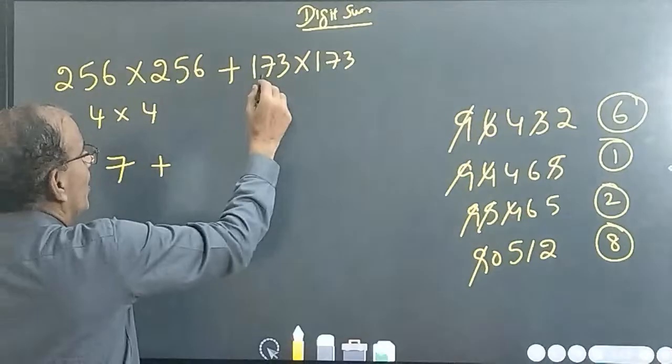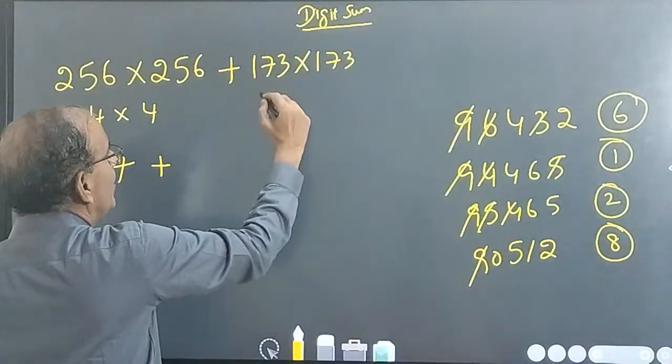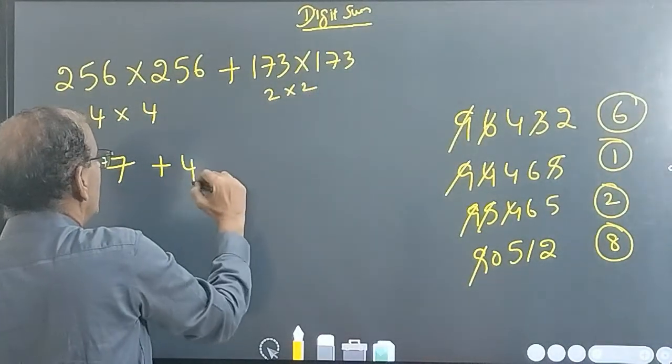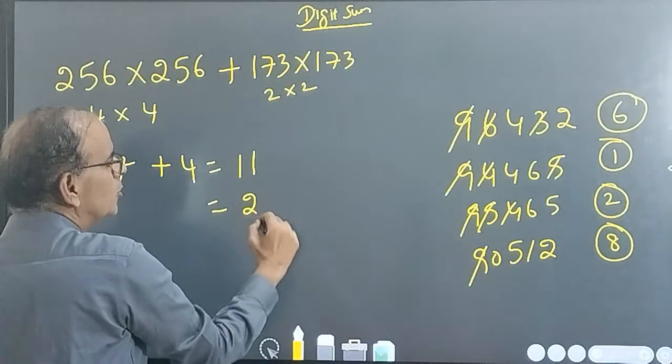2 plus 5, 7. 7 plus 6, 13. 13 means how much? 4. 4 into 4 how much? 16. 16 means how much? 7. 7 plus 1, 8. 8 plus 3, 11. 11 means how much? 2. 2 into 2 how much? 4. 7 plus 4 how much? 11. 11 means how much? 2.